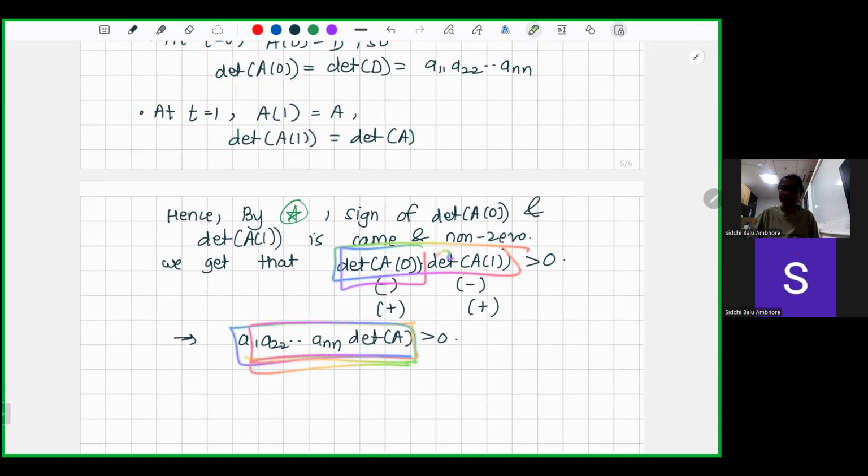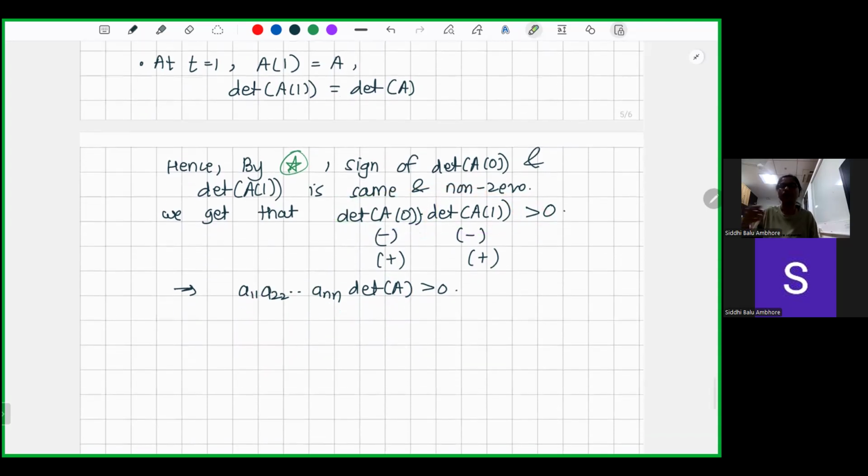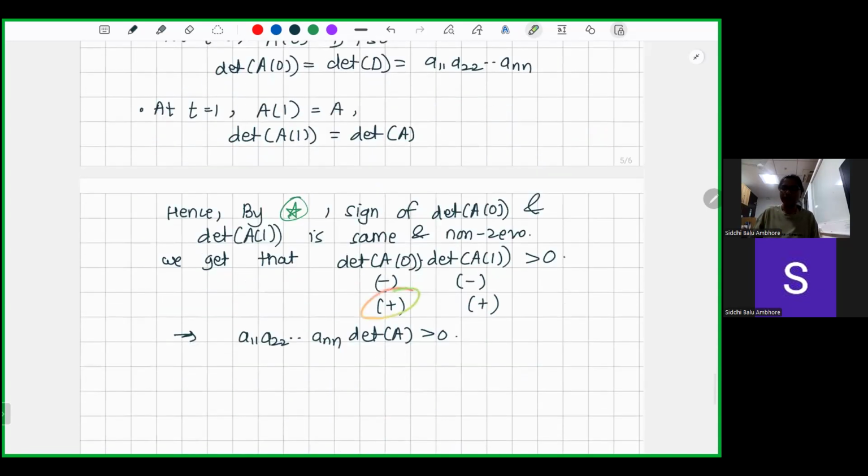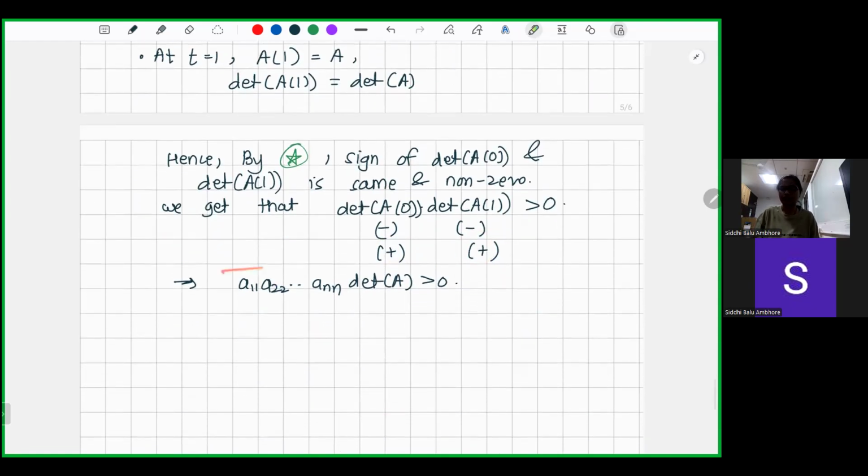Since they both have the same sign and both are non-zero, if determinant of A(0) has negative sign, determinant of A(1) will also have negative sign, using this green star here. Similarly, if determinant of A(0) has positive sign, determinant of A(1) will also have positive sign, so their product will be positive in general.